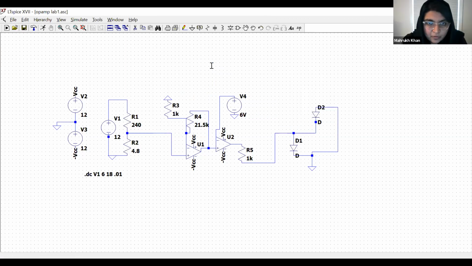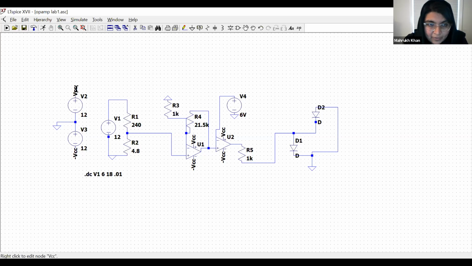So what I have done, I actually created the same circuit as it is, using 240, 4.8 ohms, 12 volts. Instead of making a mess here, I just made the circuit like this.